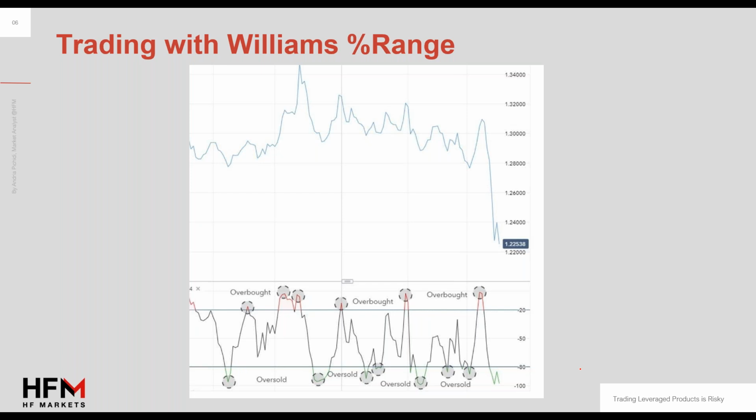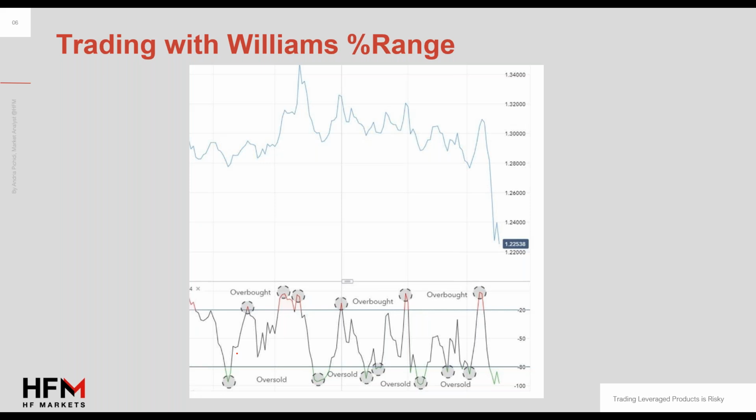An entry to sell is not simply when it crosses below minus 20. An optimal entry to sell is when it's overbought and it crosses below the minus 20. That's the short position entry. In the vice versa scenario, an entry is when it crosses above the minus 80 after it was oversold.